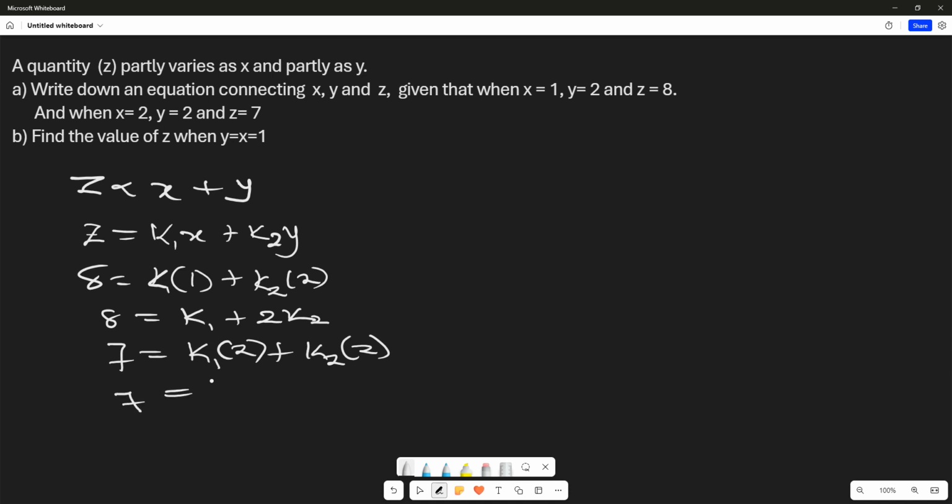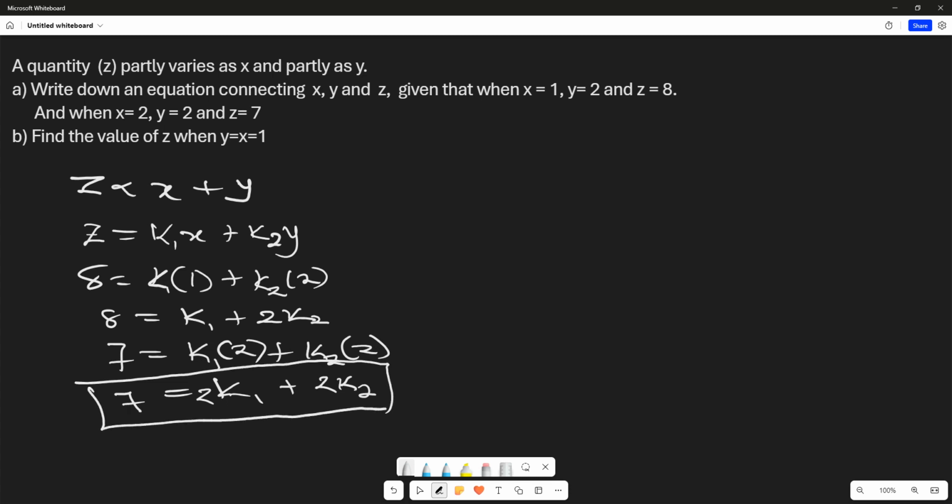This will give us 7 is equal to 2k1 plus 2k2. So we'll solve these two equations simultaneously to obtain the values of k1 and k2, the constants of variation.